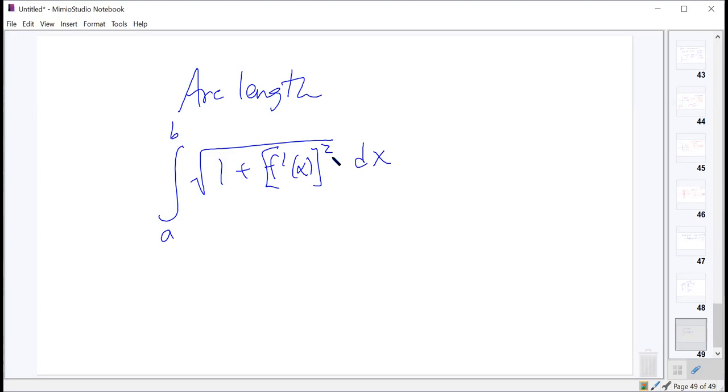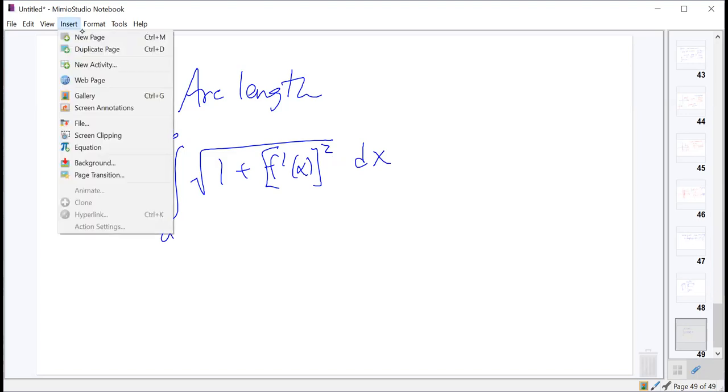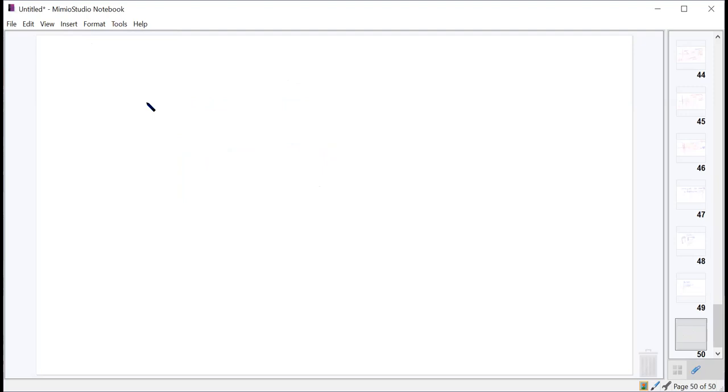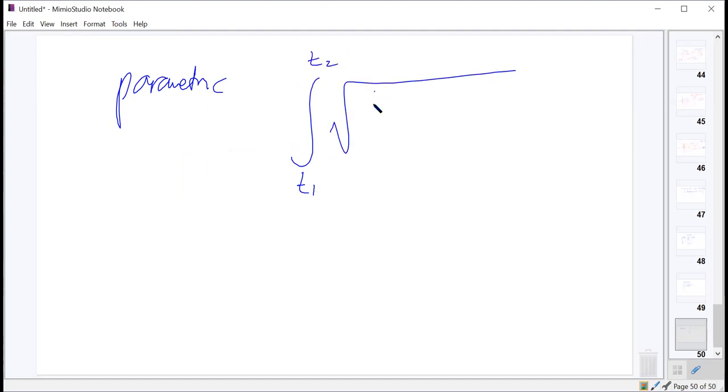Let's see, if we wanted to do arc length, but we were going to do it with parametric arc length and polar arc length. They're basically the same, right? Parametric and polar arc length. Parametric, we're going to go from T1 to T2, whatever our T values are. And it's just the distance formula, dx dt squared plus dy dt squared.